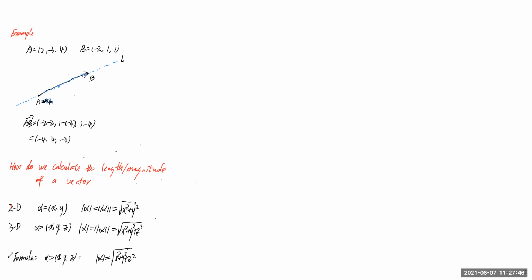And then how do we do the addition, subtraction? Or how do you calculate? Anyway, this is the formula. And then how do we do it? It's kind of coordinate-wise, not geometric.